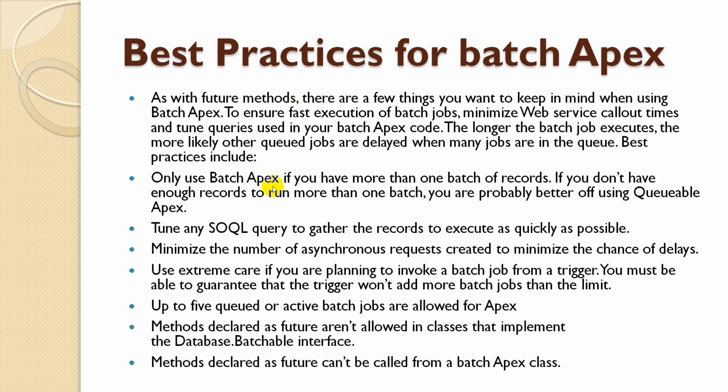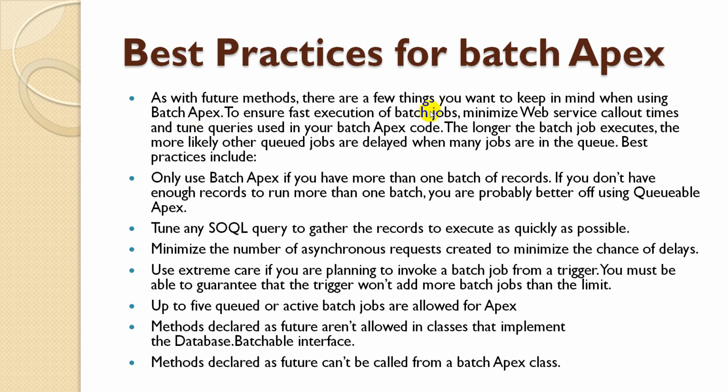So there are some best practices you can follow. As with future methods, as we said before, if there are many records, then you can use a batch class. So batch classes and future methods are close to each other. There are a few things you want to keep in mind when using batch Apex.